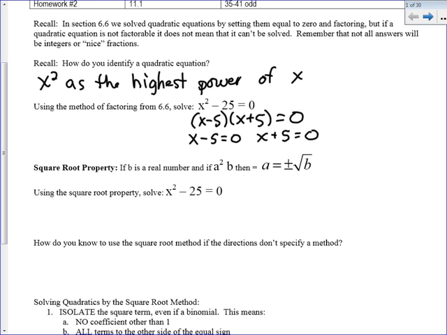So we did this back in Unit 1. And then I'm going to get two answers from there. From my first factor, I get positive 5. From my second factor, I'm going to get negative 5. So I have x equals positive 5 and a negative 5. Two answers. Quadratics can have up to two answers.